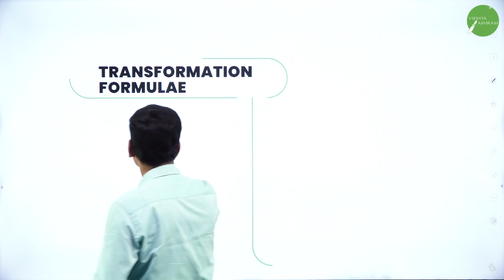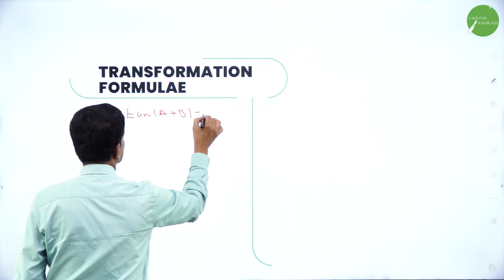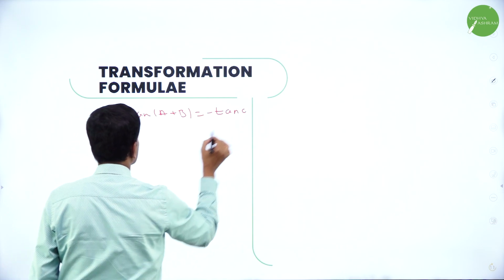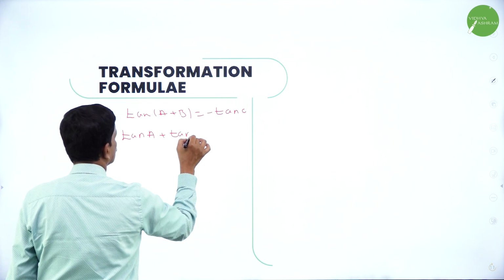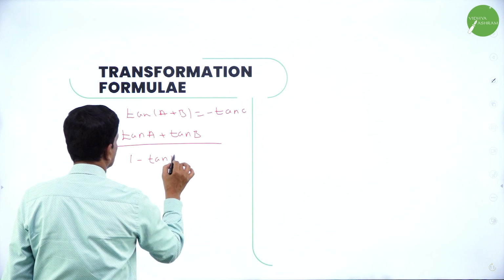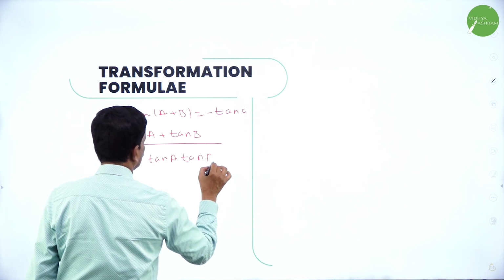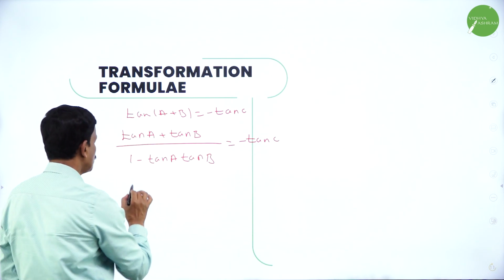Now tan of a plus b is equal to minus tan c. So tan a plus tan b divided by 1 minus tan a into tan b is equal to minus tan c. Now cross multiply it.